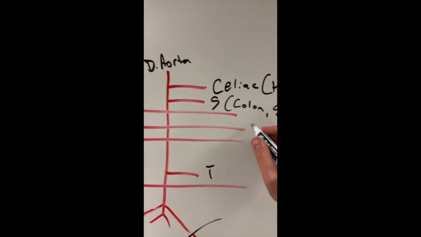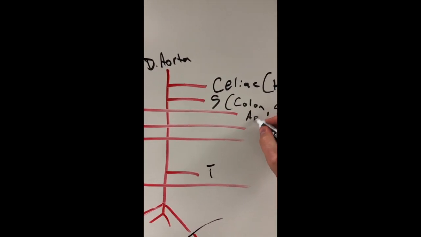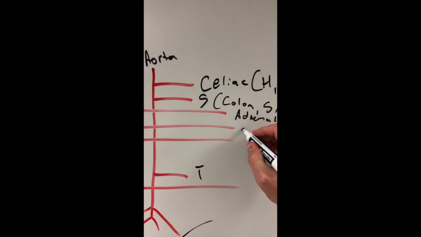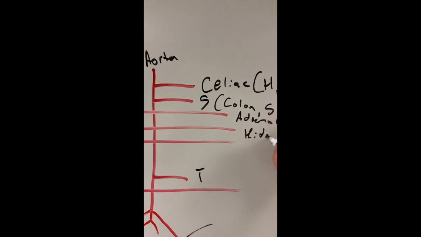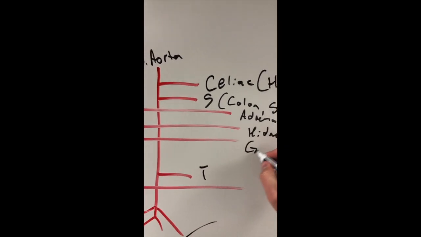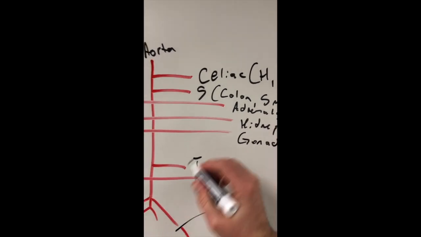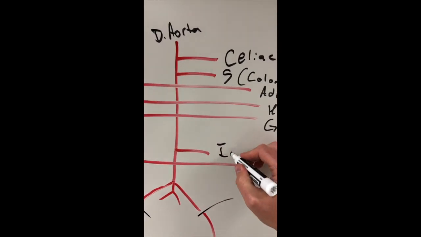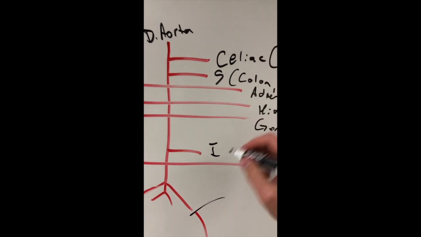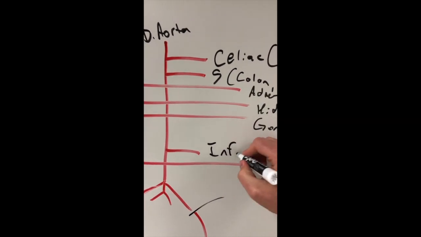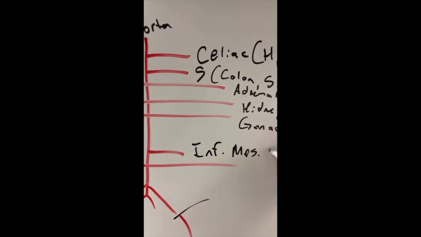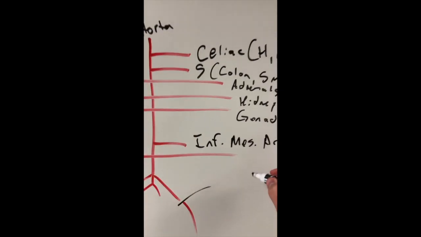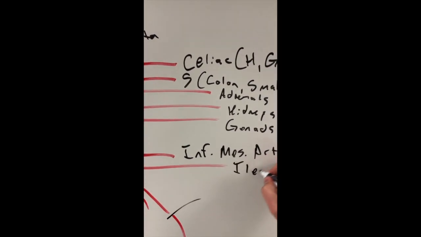And then over here, we have the kind of the adrenal glands, the adrenals. We've got the kidneys or the renals themselves, and then we also have kind of the gonads. Down there we have the I of CSI. That's the instead of the superior, that's the inferior mesenteric artery. And here we have the left and right iliolumbar.